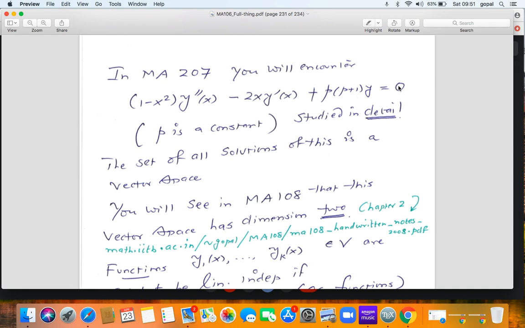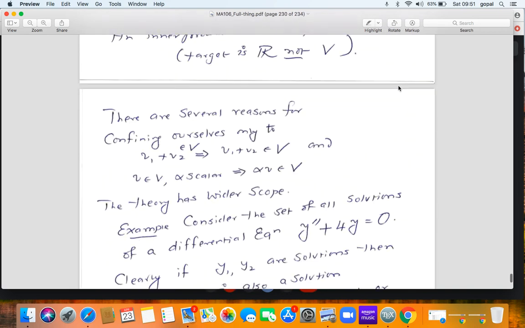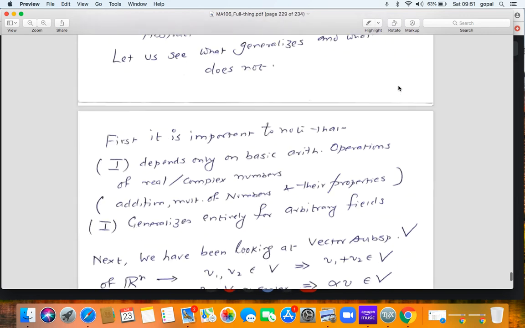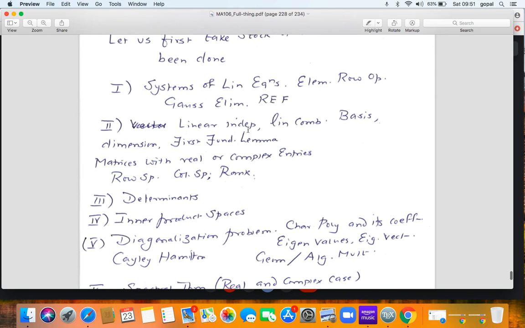You will see in MA108 that this vector space has dimension 2. So the notions of basis, dimension, etc. can be developed for abstract vector spaces. In an abstract setting, you can discuss the whole of chapter 2: linear dependence, linear combinations, linear independence, basis, dimension, and the first fundamental lemma.